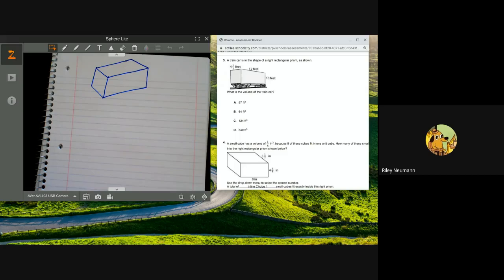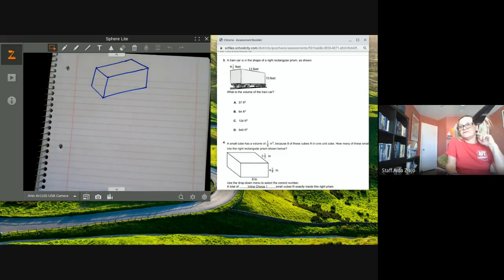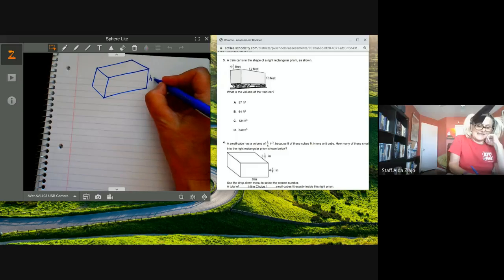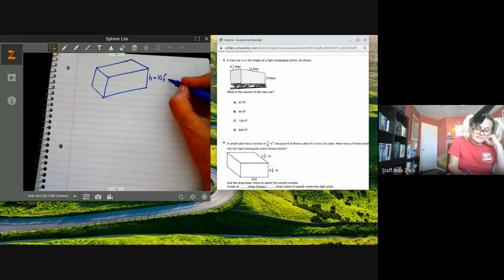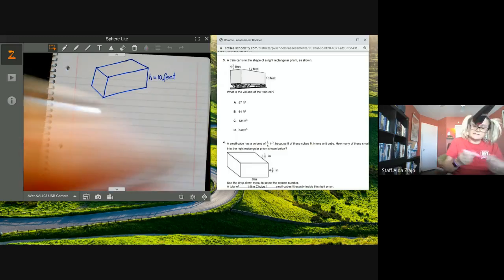It's either 12 feet or 10 feet. Okay, think about 12 feet. Is that how tall the building is? What would it be then? 10 feet? That's right, 10 feet, because you're thinking about how something is tall when you're thinking about height.